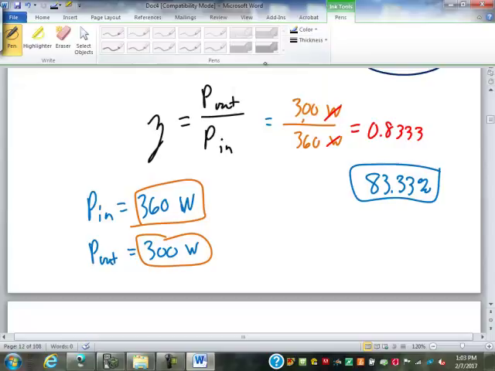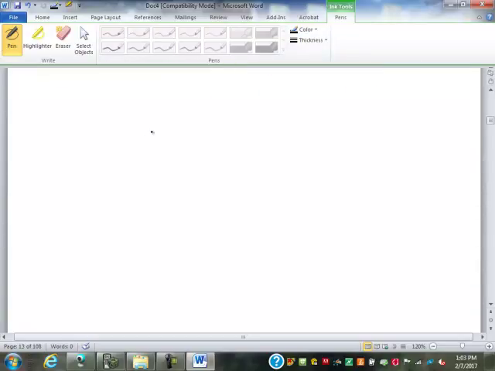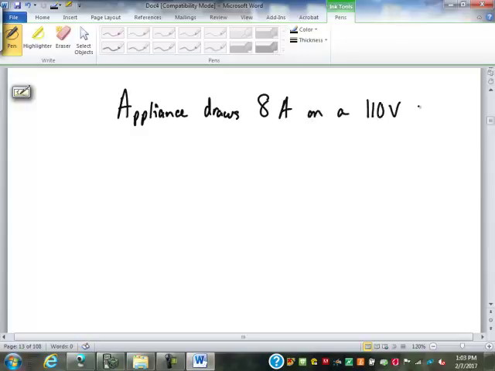It's not always going to be given to you in nice, simple terms like that, where we give you the power in and the power out. I might give you that we have an appliance that draws 8 amps on a 110 volt circuit.